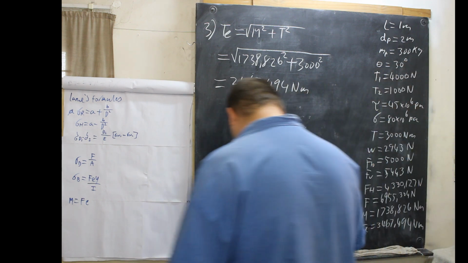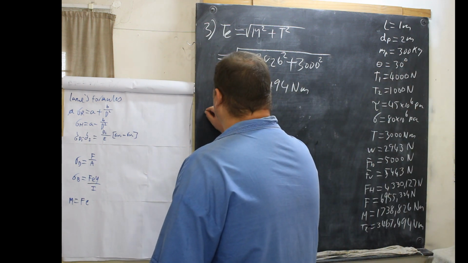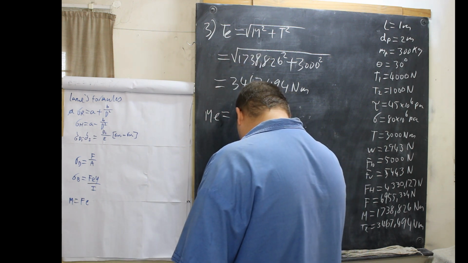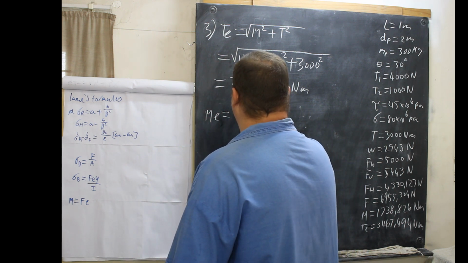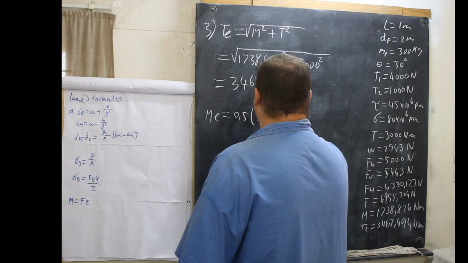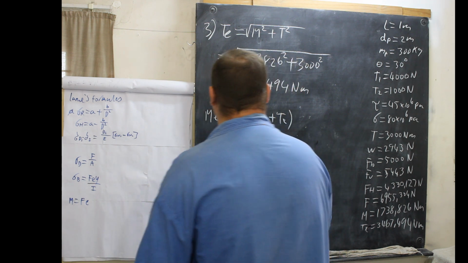The next part of this is ME equals 0,5 times M plus TE.